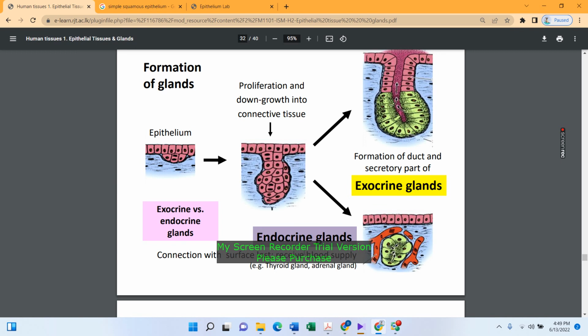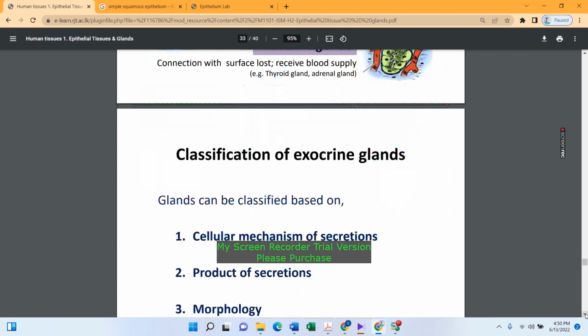The ones that are still connected with the surface and form a duct and a secretory part are called exocrine glands. They are found in the pancreas. Endocrine glands lose their connection with the surface, and thereby they receive a blood supply, like the thyroid gland and adrenal gland. So that is called endocrine glands.